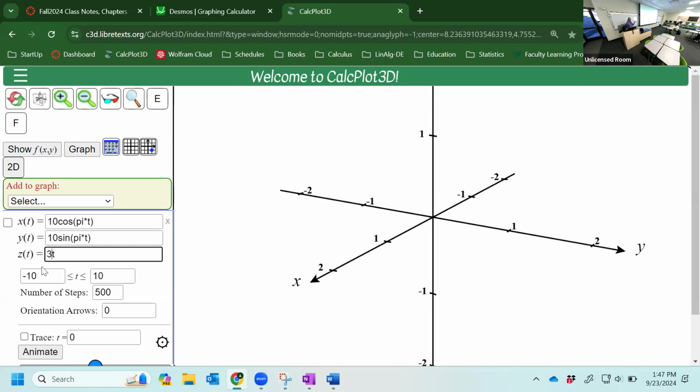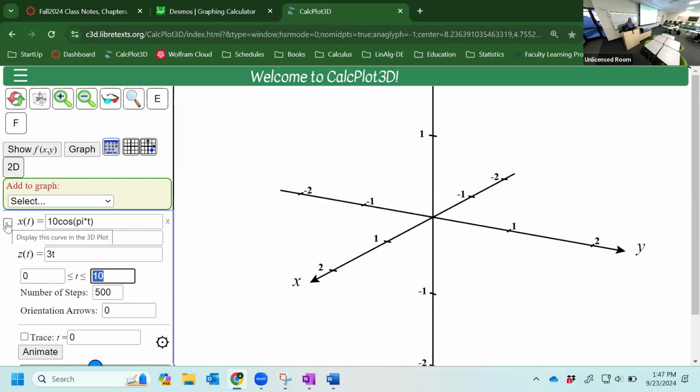I know they said s, but you know, when we're graphing things. I want to go from, we're taking off at 3 pi, so I guess 10 would be fine.